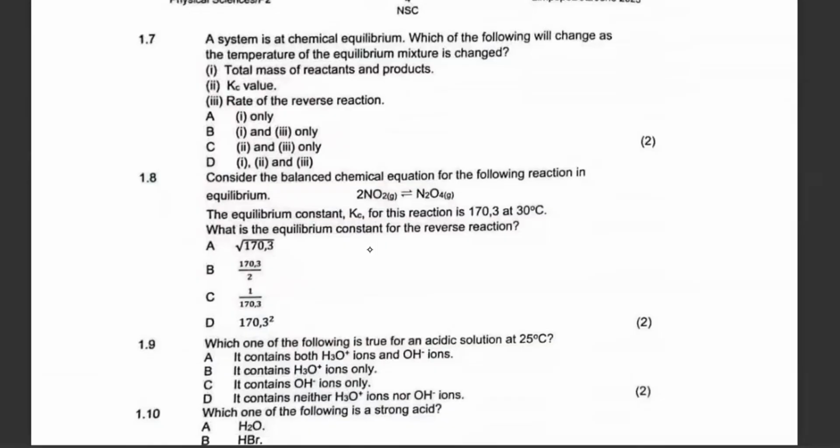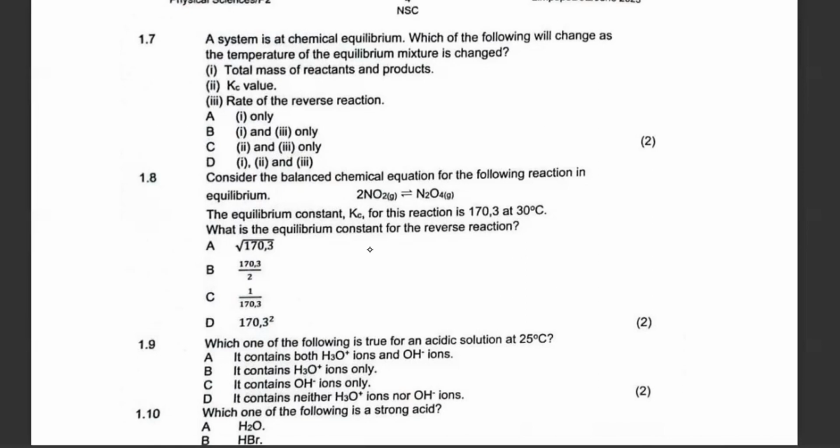A system is at chemical equilibrium. Which one of the following will change when the temperature of the equilibrium mixture is changed? The total mass of the reactant and the product? The Kc value?